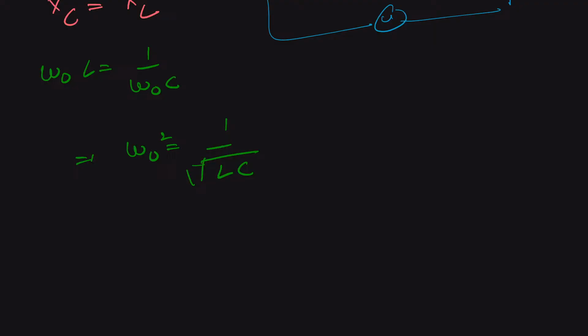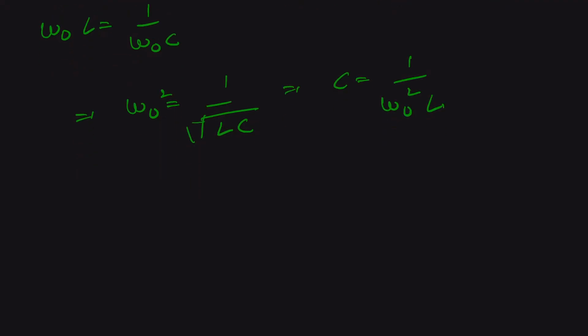So we substitute it, we get C is equal to 1 upon omega naught square times L, and we substitute the values. So we get C is equal to 1 upon 100 whole square multiplied by 20, and this gives us 5 microfarad.